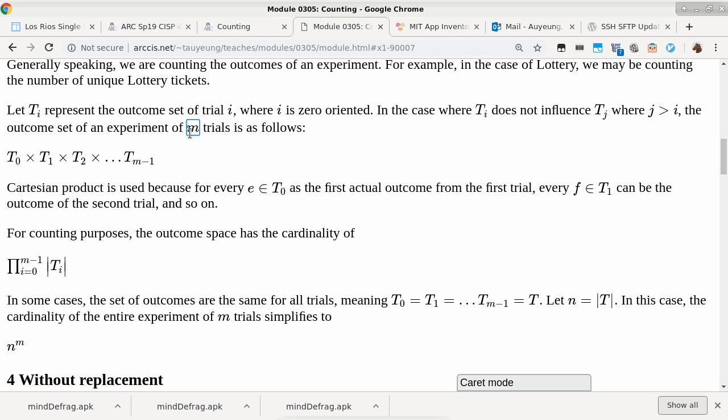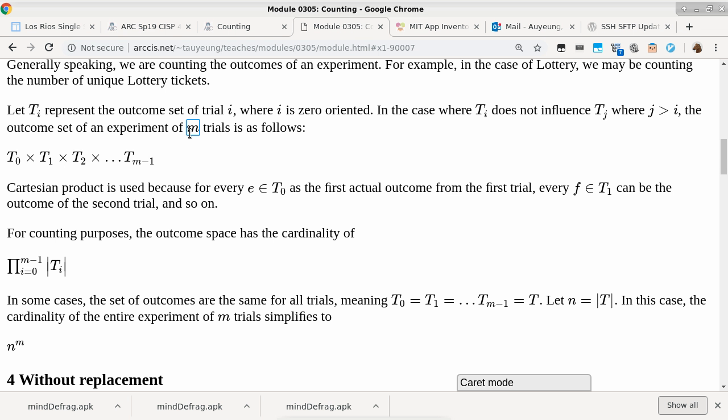So are we okay so far with experiments that have replacement? Yes, go ahead. A little earlier, for every f in T1, what is f representing? f is representing an element of T1.